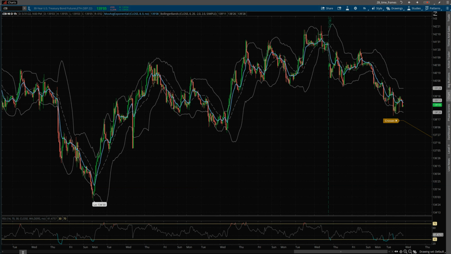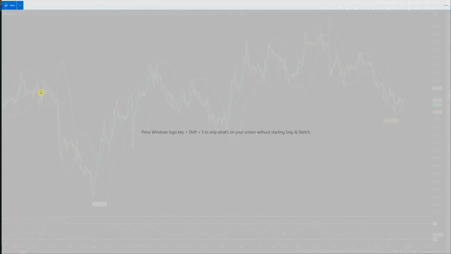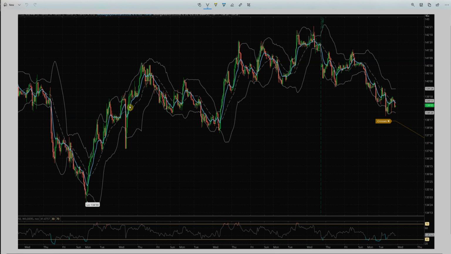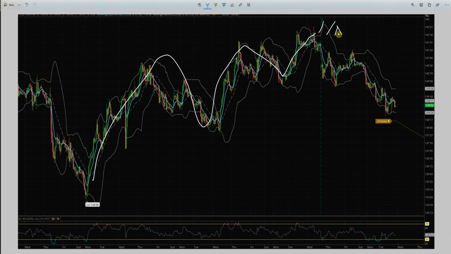The other thing I should mention is that if this is a leading diagonal, if this is a 1, 2, 3, 4, 5 up, we're looking for a big ABC counter trend move. And so the question is, is this simply one of A that's completed here, or is this all of A?